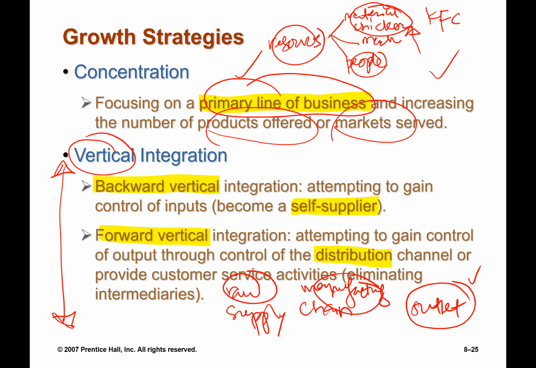All right, so it depends. If you think that controlling the outlet, manufacturing and resources will benefit you, of course the cost will be higher. So perhaps you will embark on that kind of strategy.